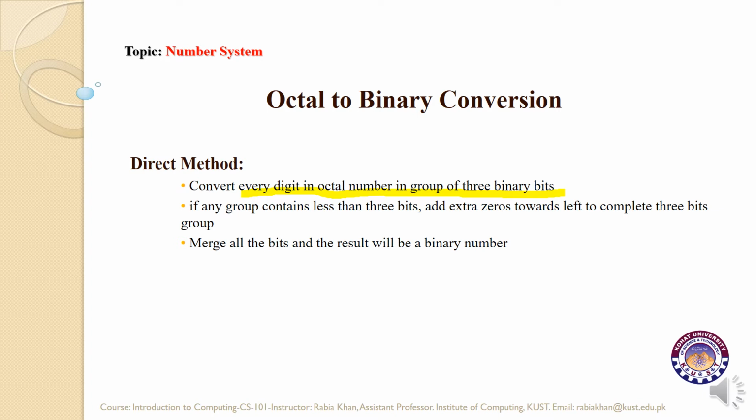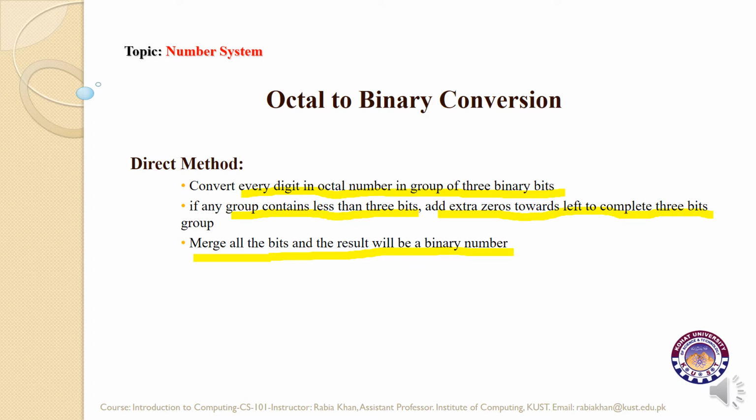If any group contains less than 3 bits, if the group is not complete, you can add extra zeros towards the left of the group in order to complete the 3-bit group. And then at the end we have to merge all the converted bits, and the result will be a binary number. This is a little tricky but an easy one.